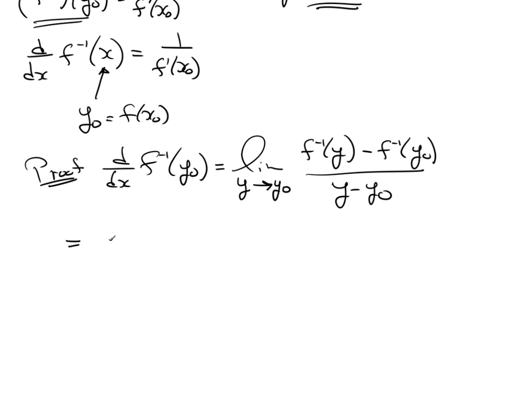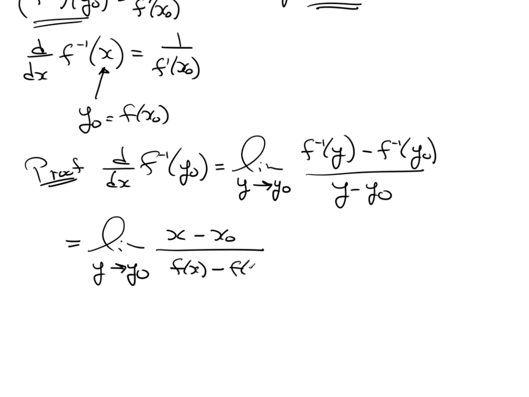Now that's going to be equal to the limit as y goes to y naught of f inverse of y, which by definition is in fact x, minus f inverse of y naught, which by definition is x naught, divided by y, which is in fact simply f of x, minus y naught, which is f of x naught.